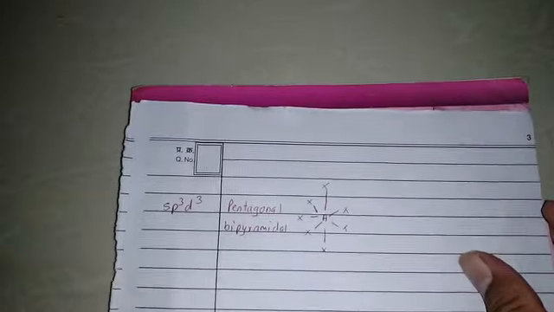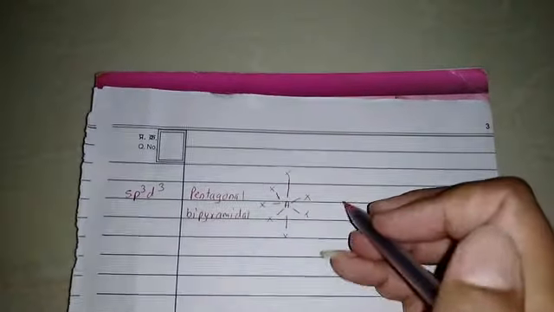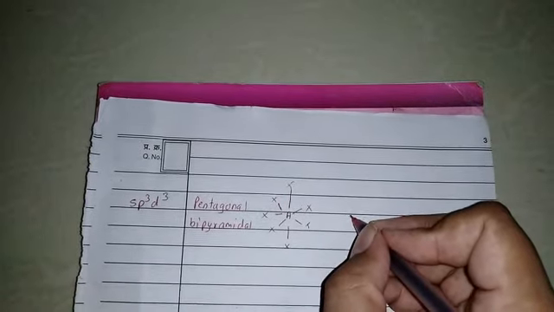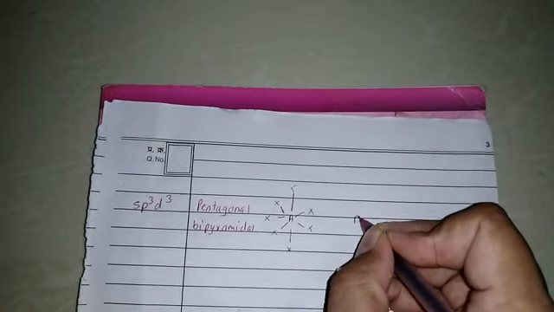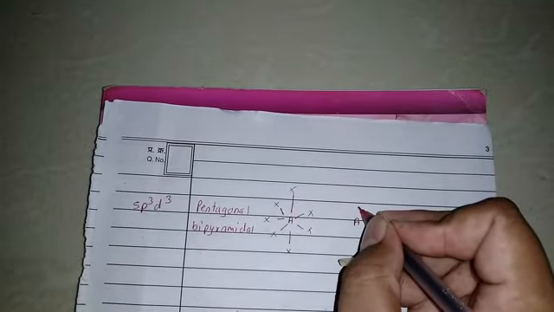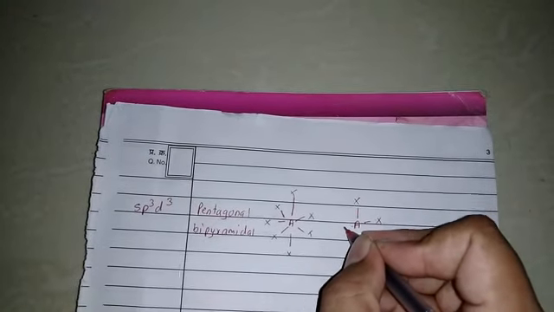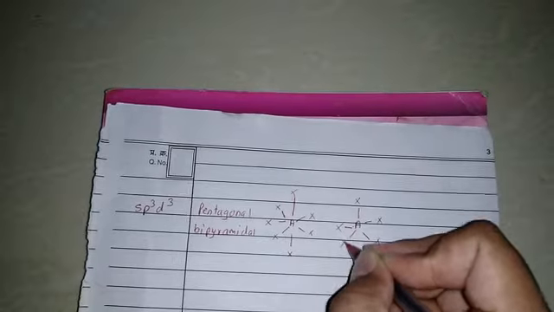But if any molecule with sp3d3 consists of 1 lone pair of electrons, the structure will appear somewhat like this. Below the plane, and the lone pair will be here.